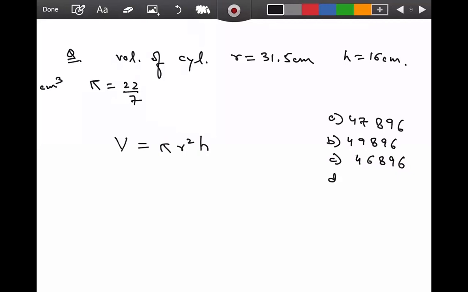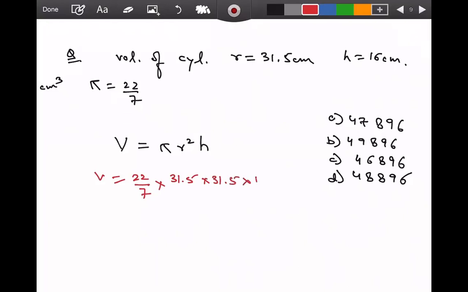So whenever you have similar options, it is a digital sum question. So pi should be 22/7. R is 31.5.